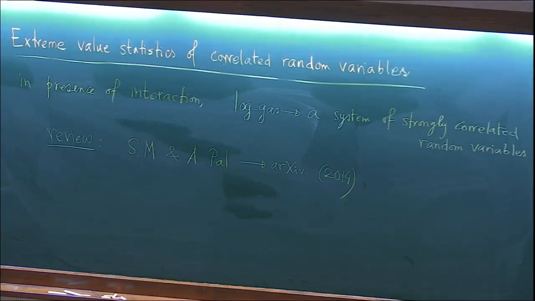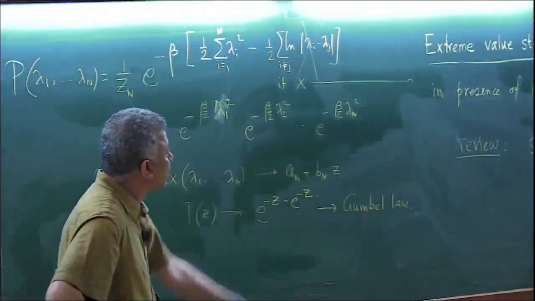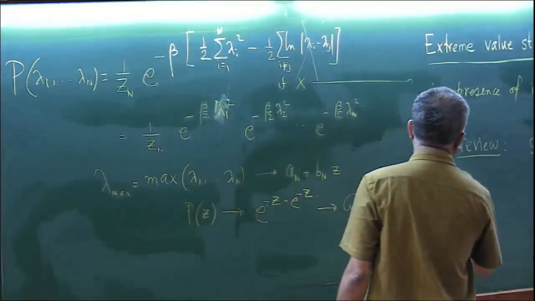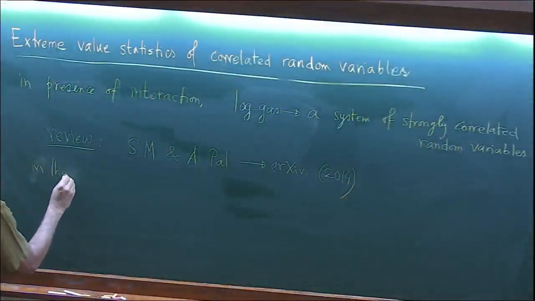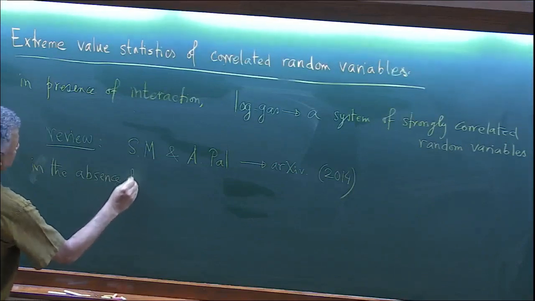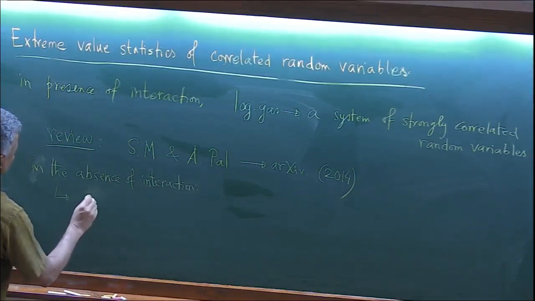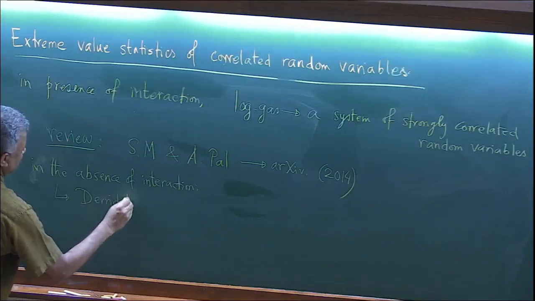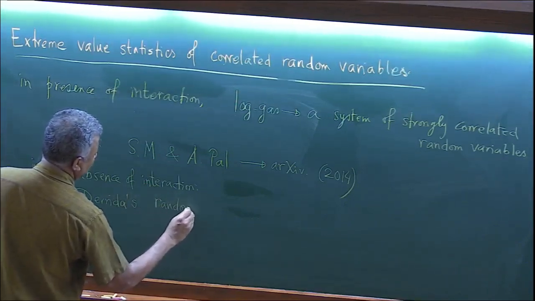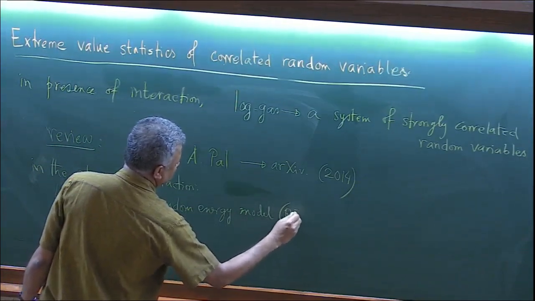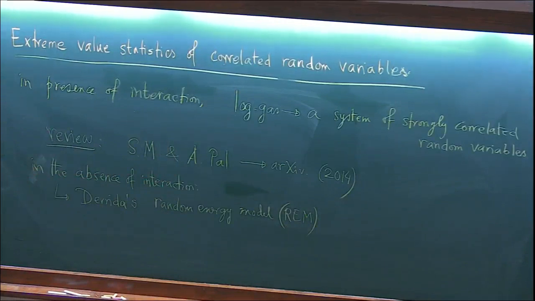Okay, so just to connect up with what Joachim was saying today, if you don't have interaction, this is exactly Derrida's random energy model, because you just pick each energy independently as a Gaussian random variable.